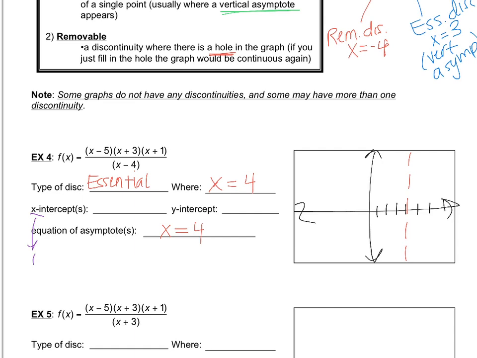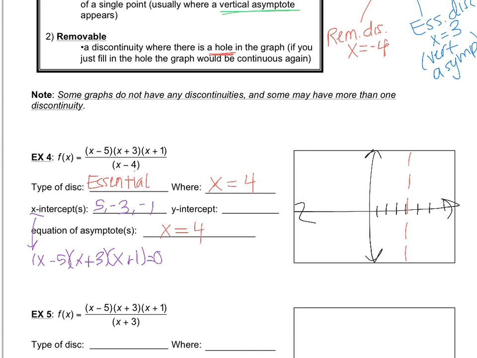So when does x minus 5 times x plus 3 times x plus 1 equal 0? Well, that's going to be when any of these three factors equals 0. So that would be when x equals 5, or -3, or -1.